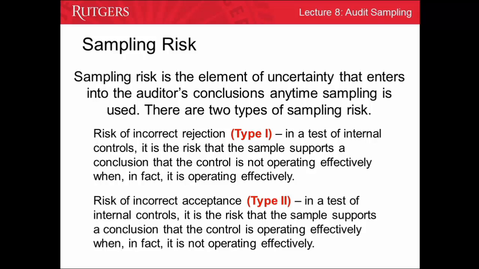And auditors typically focus only on type 2 decision errors in determining their sample size, because type 1 decision errors affect efficiency and not effectiveness, and also because by controlling for the risk of type 2 errors, they also obtain relatively good coverage for the risk of type 1 errors. For these reasons, in this lecture, we don't address the potential implications on sampling applications of type 1 errors.